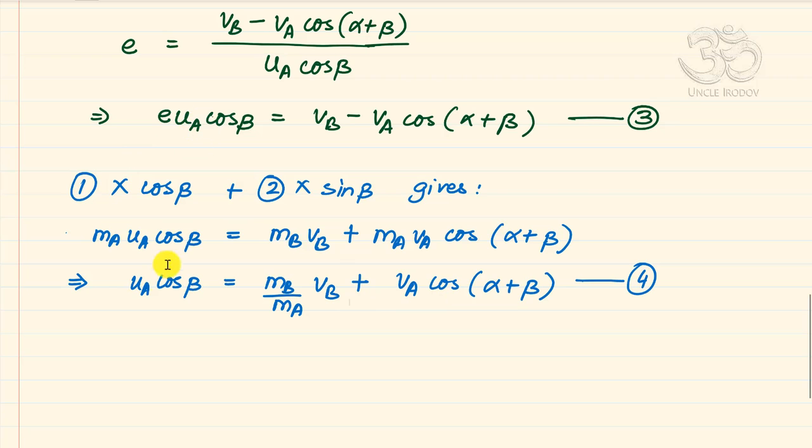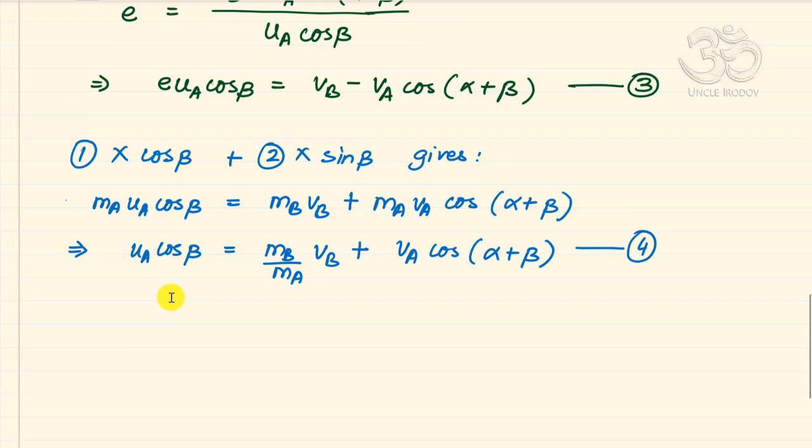So I see that these two terms will be exactly equal if E is 1, and the first term will also be equal if MB by MA is 1, so equal masses, but there is a minus here and there's a plus here. So what I can do is I can say that these two terms must actually be 0. Otherwise there is no way that 3 and 4 can be true simultaneously. Or you can just subtract: 4 minus 3. So the LHS will become 0, the RHS, the first term will become 0, and the second term will give you 2 times VA cos alpha plus beta, and that should be equal to 0.